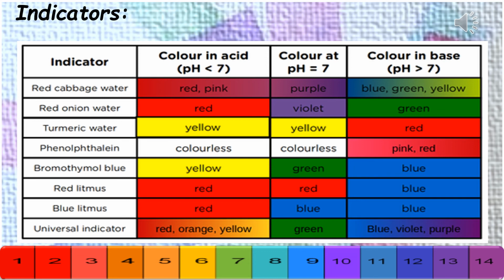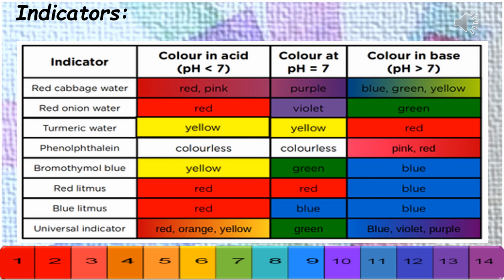It also remains red in neutral solution, and it turns blue in the basic solution. So we know that bases turn red litmus blue. Blue litmus changes to red in acidic solution. It remains blue in neutral and basic solutions.